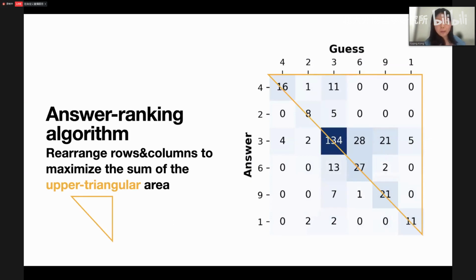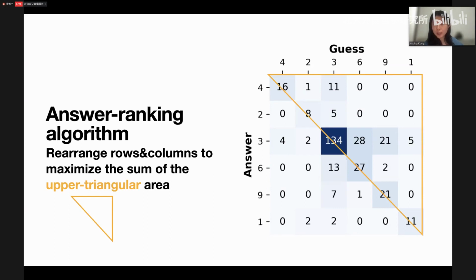So after we get people's answers and people's predictions for other people's answers, we get this matrix, and then we rearrange the rows and the columns together to maximize the sum of the upper triangular area.